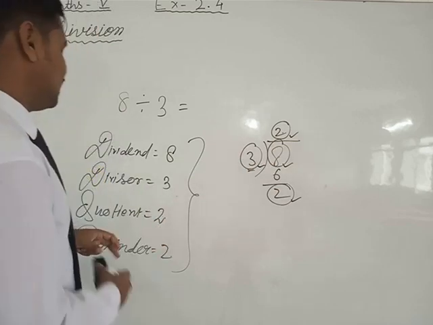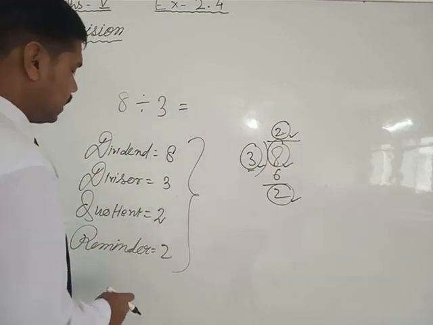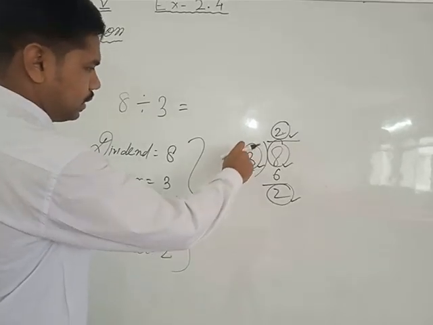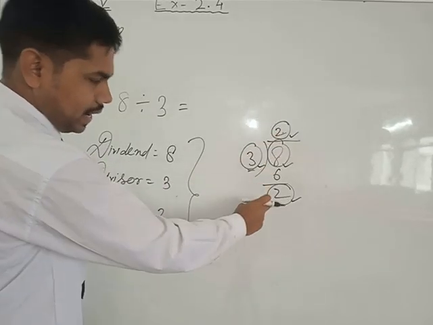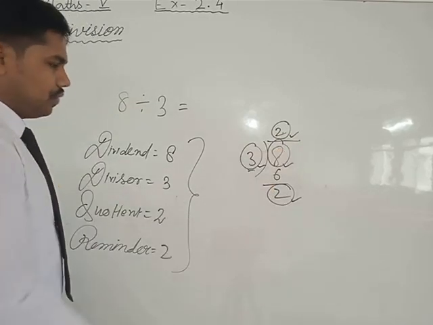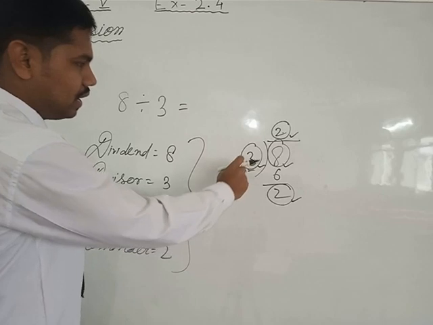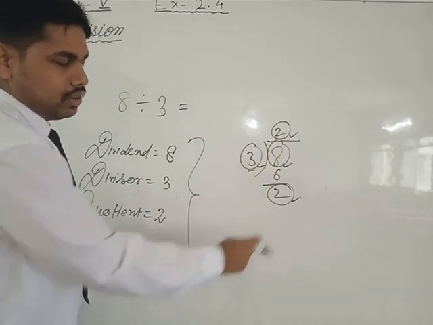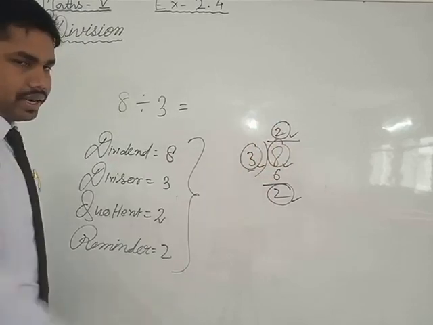The relation is: when you multiply the divisor and the quotient and add the remainder, you will get the dividend.